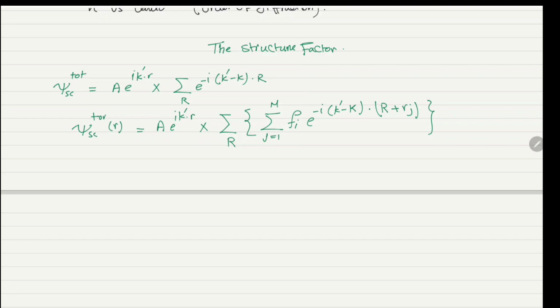In such a way, the atoms associated with a particular lattice point r can be taken as r plus r j, this one here.